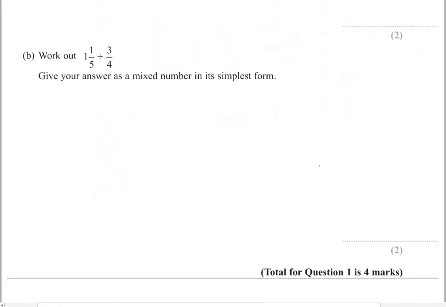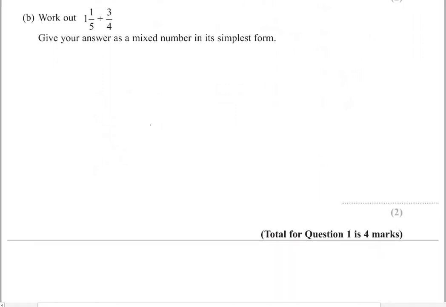Okay, question B. Work out 1 and 1/5 divided by 3/4. So 1 and 1/5 equals 6/5, and now we can do 6/5 divided by 3/4, and there's a nice easy rule for dividing fractions. You flip the second fraction and change the sign to a multiply.